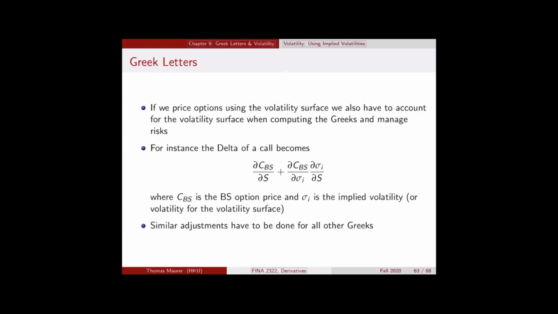But then we have to add to that the vega, so how much the call price changes as volatility changes a little bit, multiplied by how much volatility changes as we get closer to maturity. This is important if you work with this volatility surface and you want to hedge your risks by using the Greek letters. Make sure that you don't forget how volatility changes as some of the variables you are interested in change.